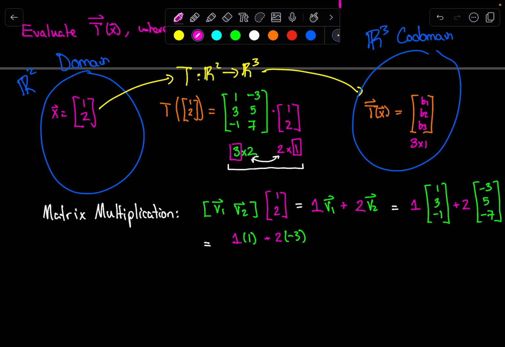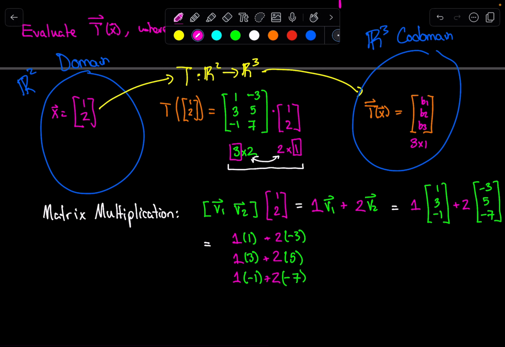The second entry would be 1 times 3, and then over here we're going to have a 5. I'm just going to jump these down so I don't have to swap colors the entire time. And then we're going to have plus 2 times the 5. Then we have a 1 of this and a 2 times this.